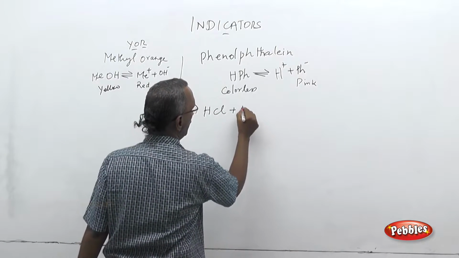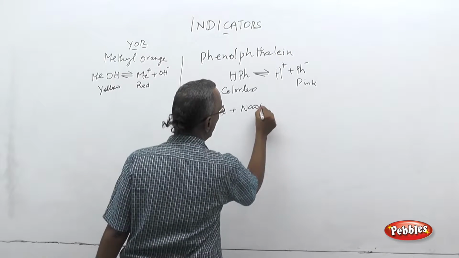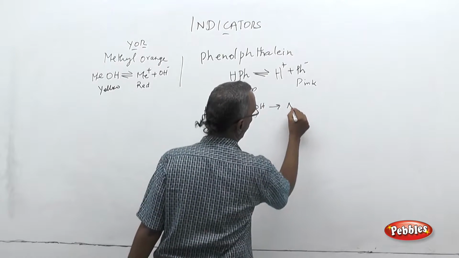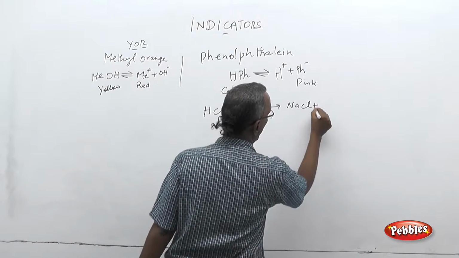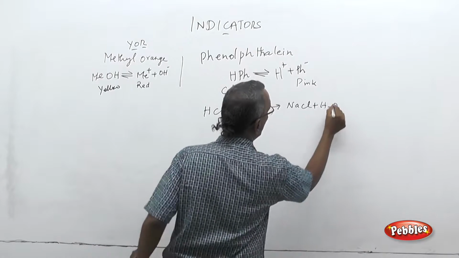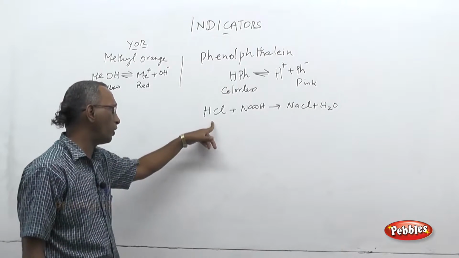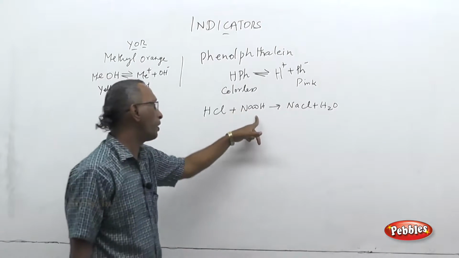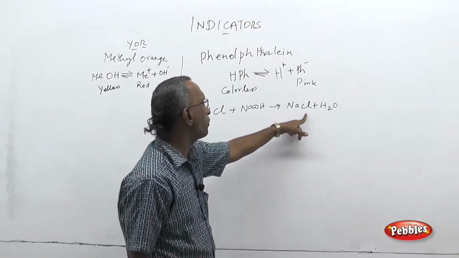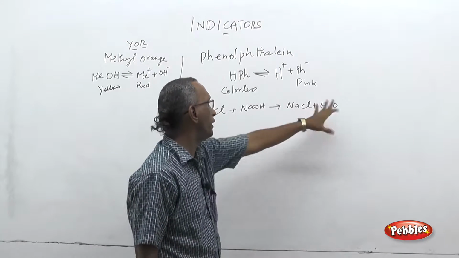Neutralization reaction is any acid plus base giving salt plus water. Simplest example is HCl reacting with sodium hydroxide to form NaCl and water. Here HCl, hydrochloric acid, is colorless, sodium hydroxide is colorless, the formed sodium chloride is also colorless, it is soluble.